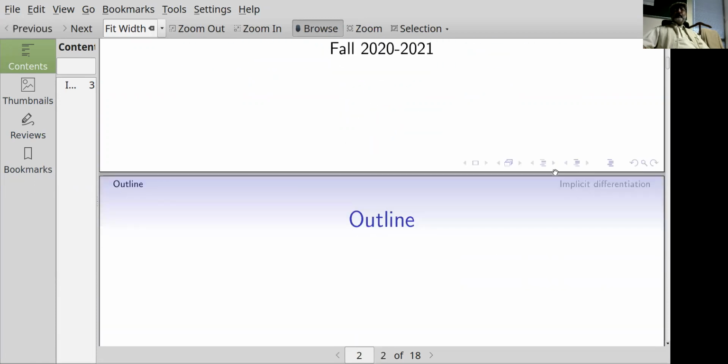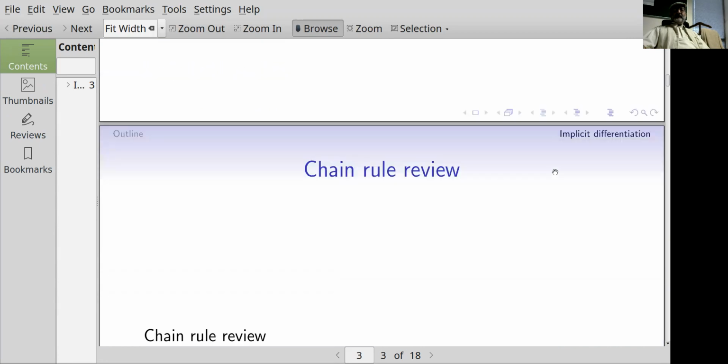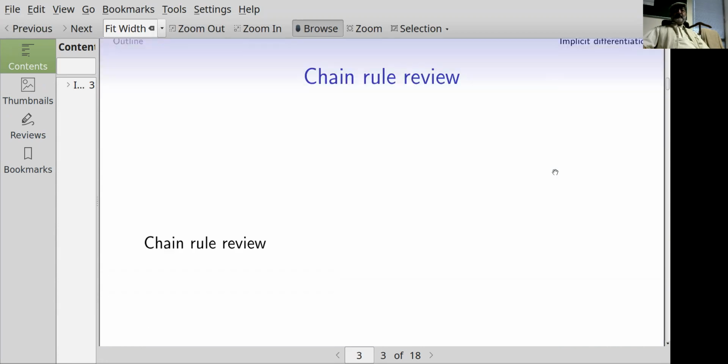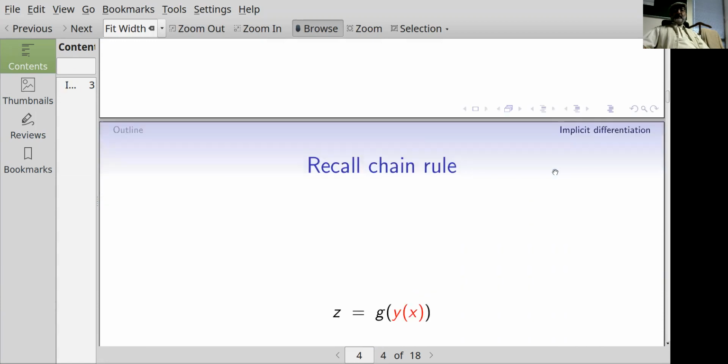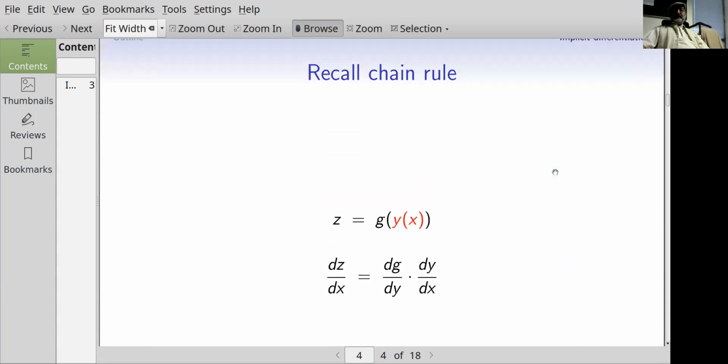So we start with implicit differentiation, and implicit differentiation requires the chain rule. So let me review that. Supposing that you've got z is a composite function, g of y of x. So you've got an inside function y and an outside function g.